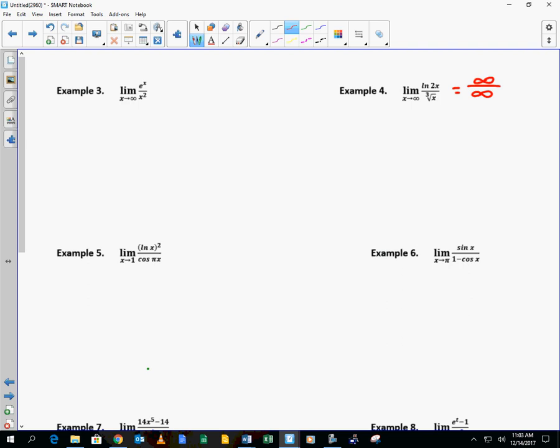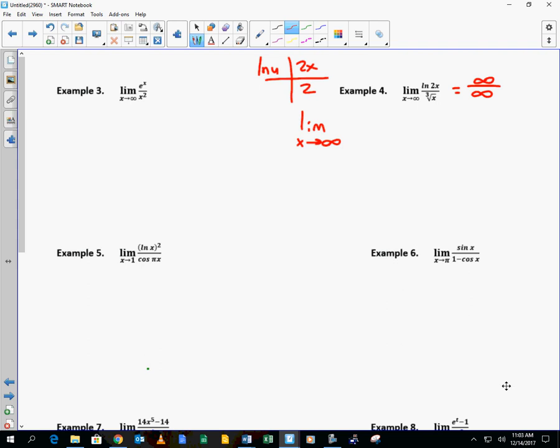That's an indeterminate form, so I take the derivative of the top and the bottom in accordance with L'Hopital's rule. How do I take the derivative of natural log of 2x? Chain rule, outside is natural log of u, inside 2x. Derivative of 2x, 2.